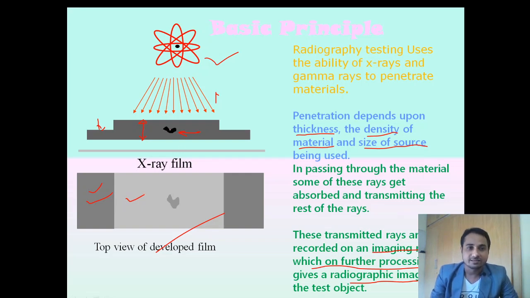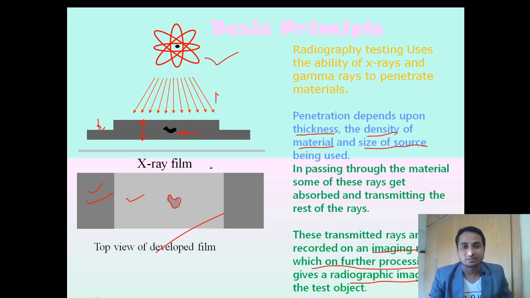And here if there is a defect, more gamma ray will travel through the defect, and that's why we find the defects are darker. Because the gamma ray will be traveling more and will impinge on the film more, it will make a darker image.